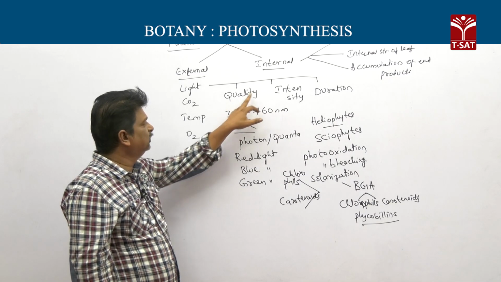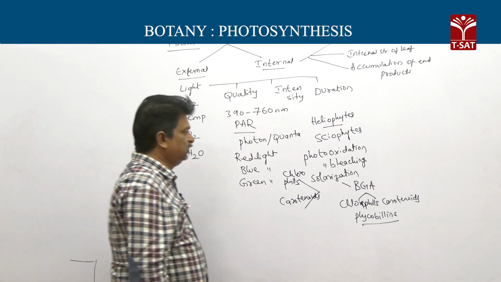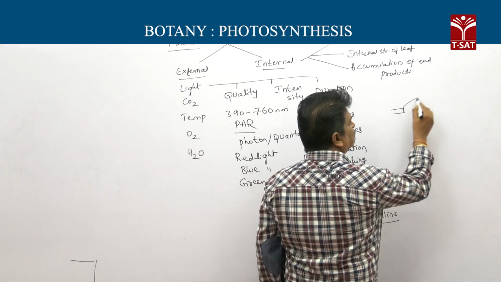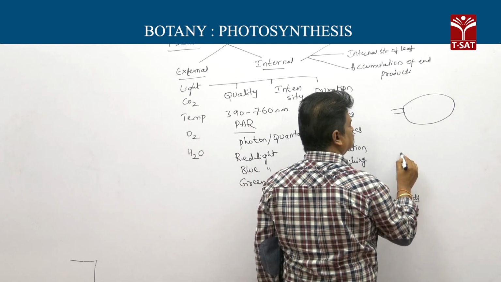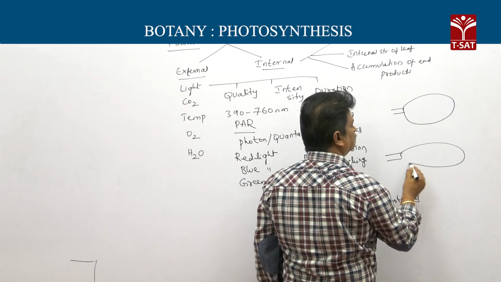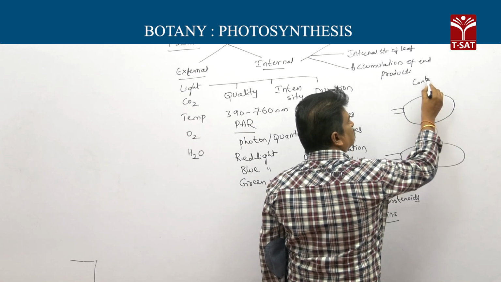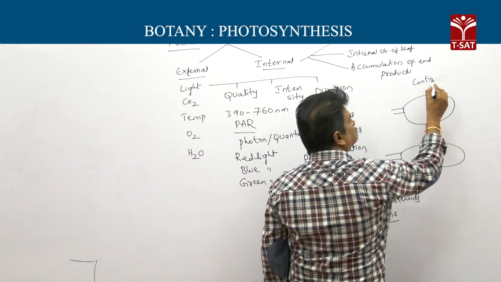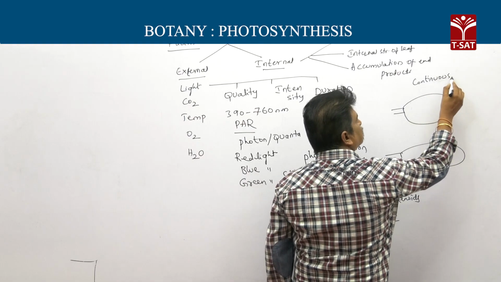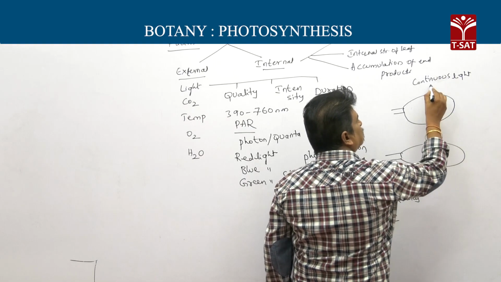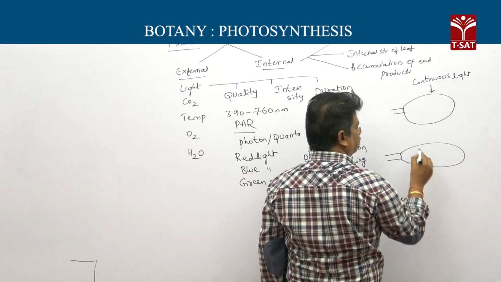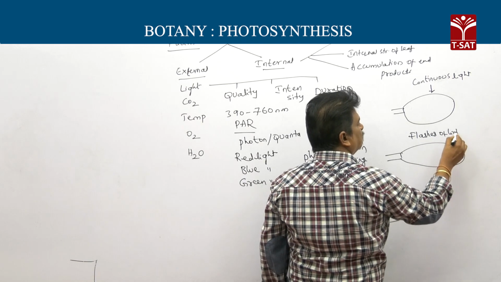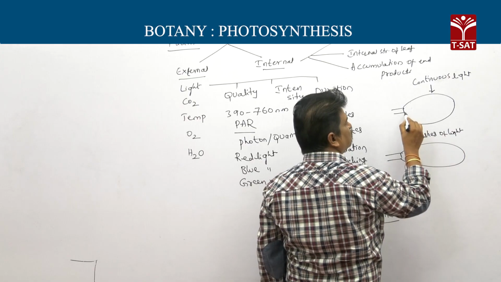So, these are quality and intensity, and the third one, duration. Duration means, for example, if you take two leaves, one leaf is exposed to continuous light, and the second leaf is exposed to discontinuous light or flashes of light.